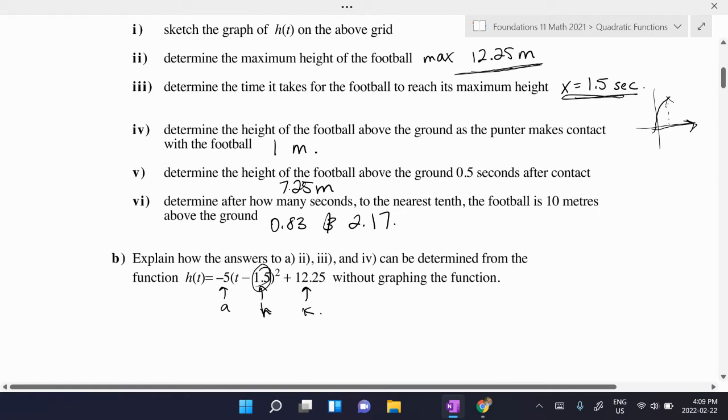I was trying to figure out what this point was when it went over the graph, and I would make x or t equal to 0.